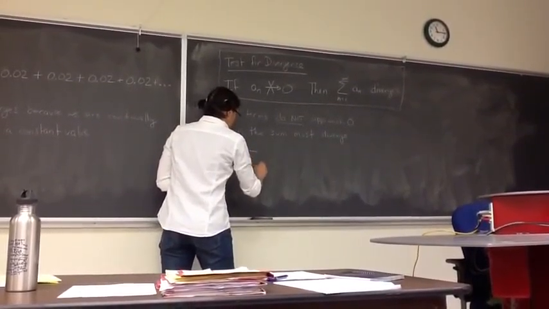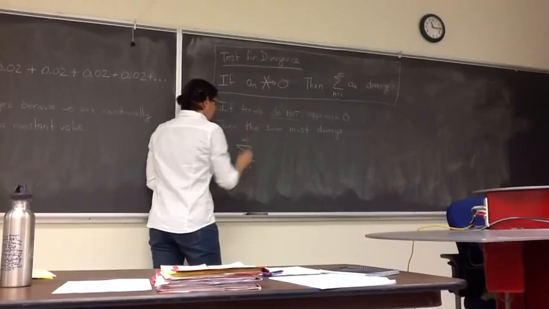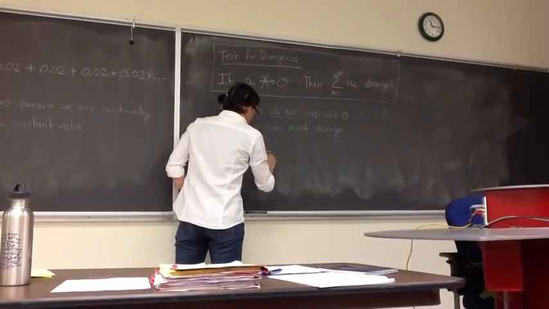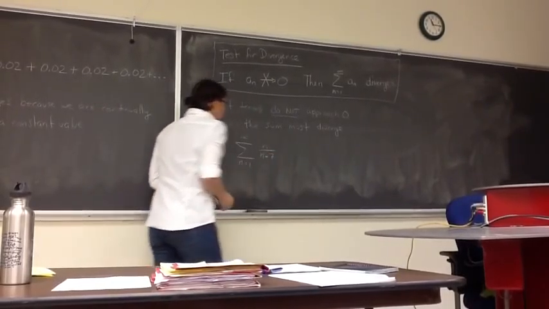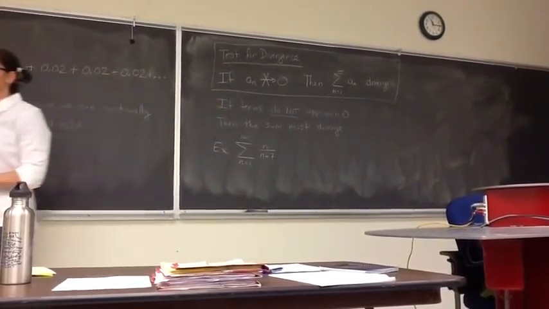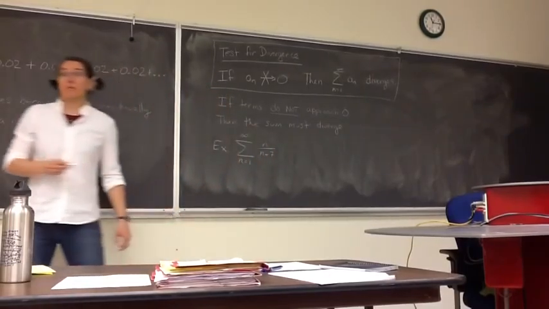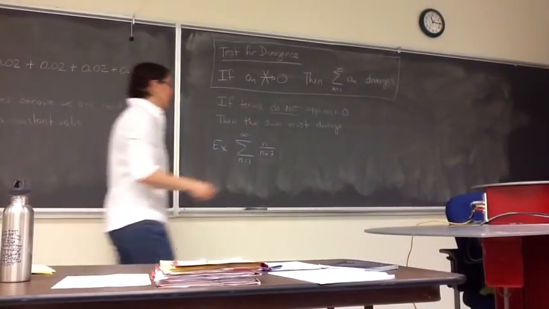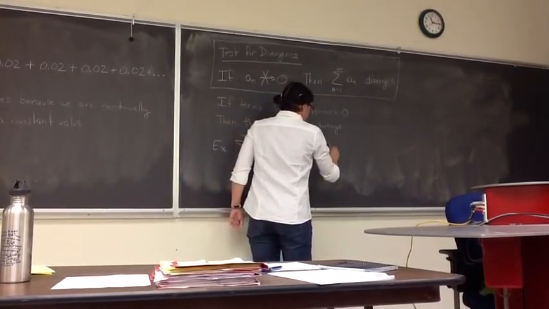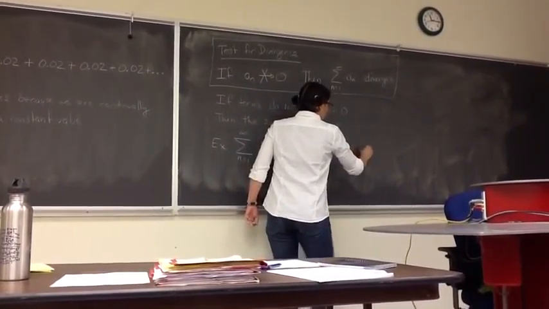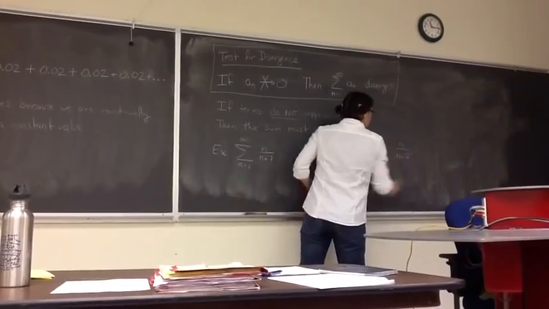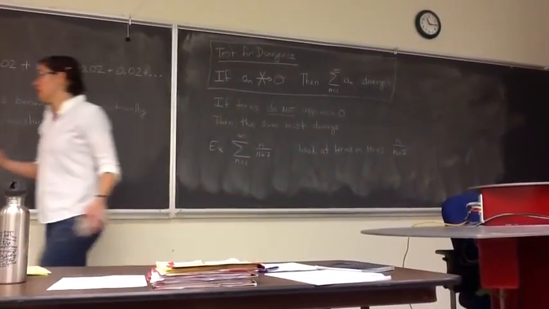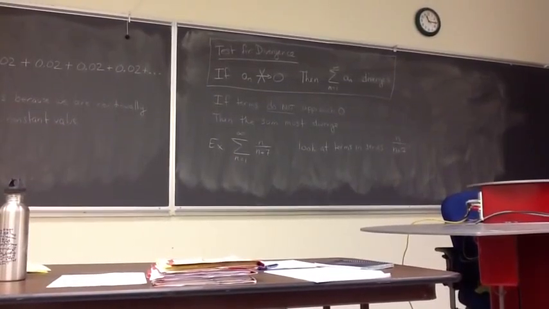such as the sum where n goes from 1 up to infinity of n over n plus 7. If I analyze the terms in this series, the terms in this case are n over n plus 7, and I analyze what happens as n goes to infinity.